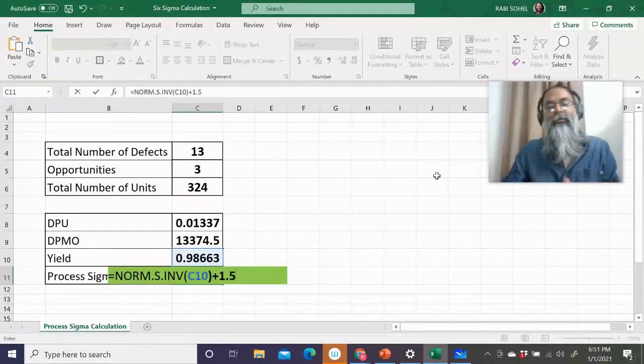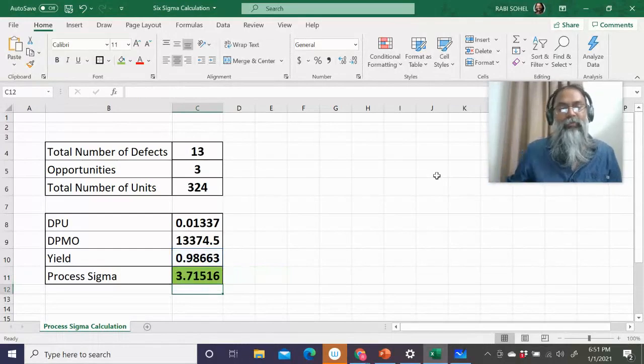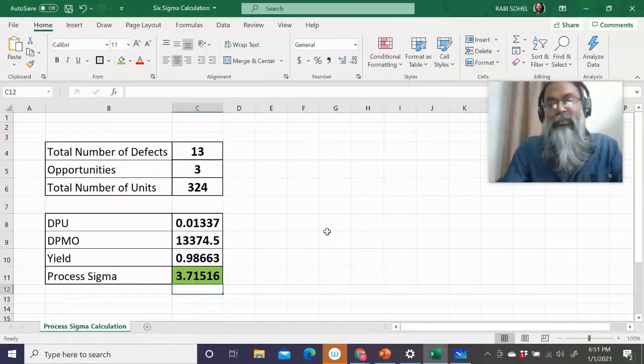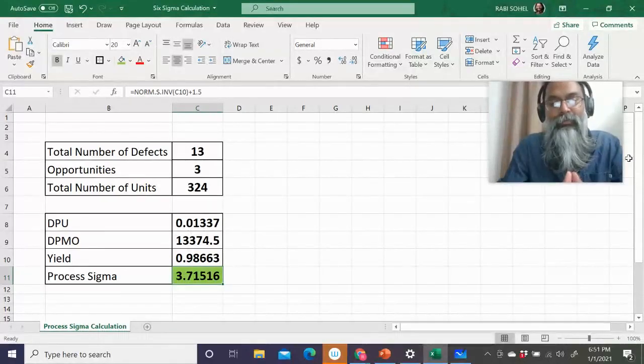This is the shift, the adjustment made with this normal curve formula that we know in statistics. They take the 1.5 sigma shift into consideration, and that will give you the process sigma, and that is 3.71. This is the actual sigma level that the process is working at the moment.